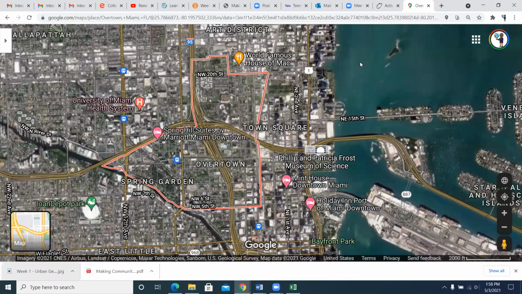Yeah, basically, if you break the word down, the root of gentrification, gentry, refers to an elite class of people. And so gentrification occurs when wealthier people move into what used to be low income communities.